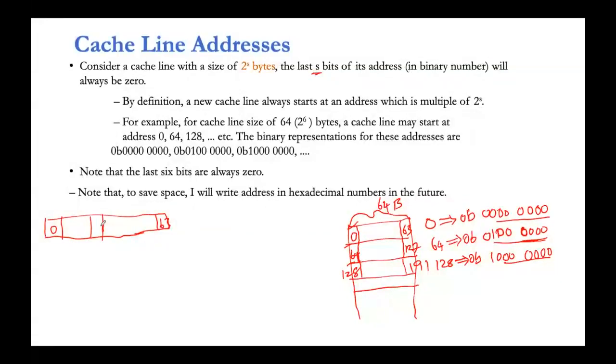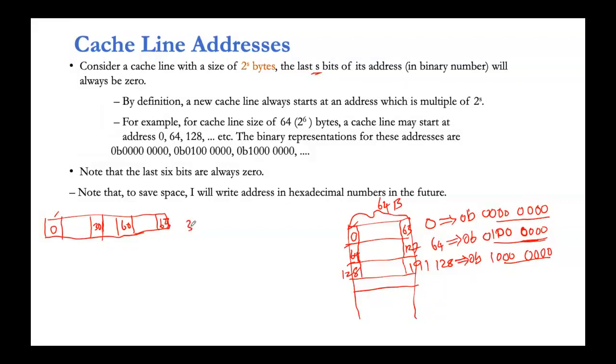Suppose the data is at address 30, and another at, suppose, the 60th byte. This is the first byte, second byte, third byte, and it goes on to the 60th byte. Then how would you write it?